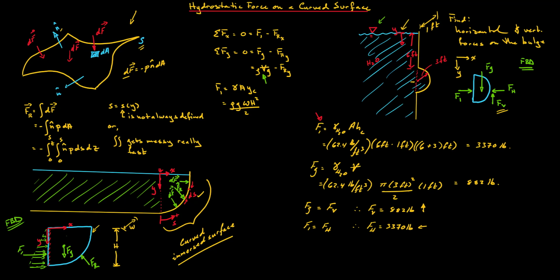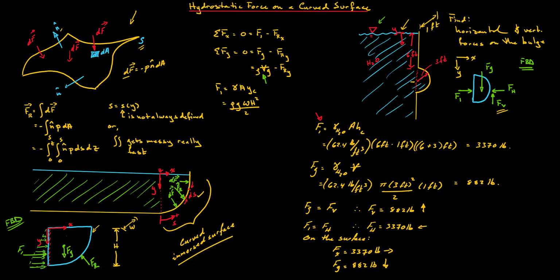So from Newton's third law, the forces on the curved surface have the same magnitude but opposite directions. That is, the forces on the surface, and we could just call this Fx, would be equal to 3,370 pounds to the right, and Fy would be 882 pounds acting downward.